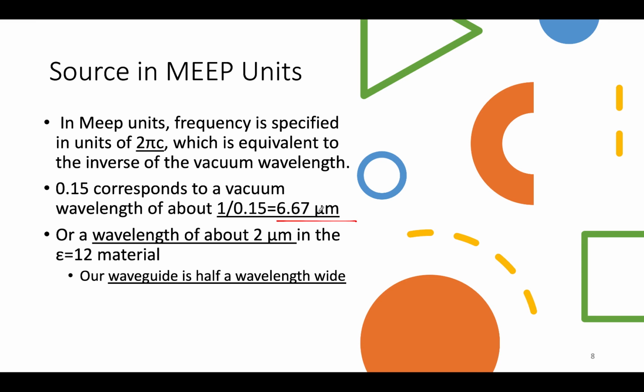So this is a wavelength of about 2 micrometer in the epsilon equal to 12 material. So in the waveguide, the wavelength is about 2 micrometer. This is nothing else than also saying that the waveguide is half of the wavelength wide. So by construction, we design a waveguide whose size is half of a wavelength wide. So that's very important for the waveguide.